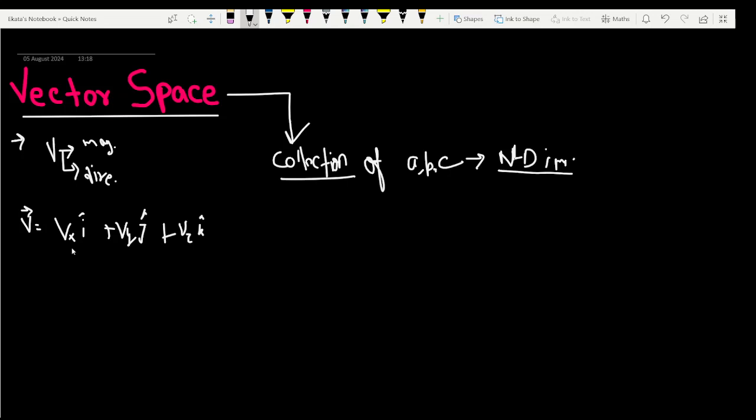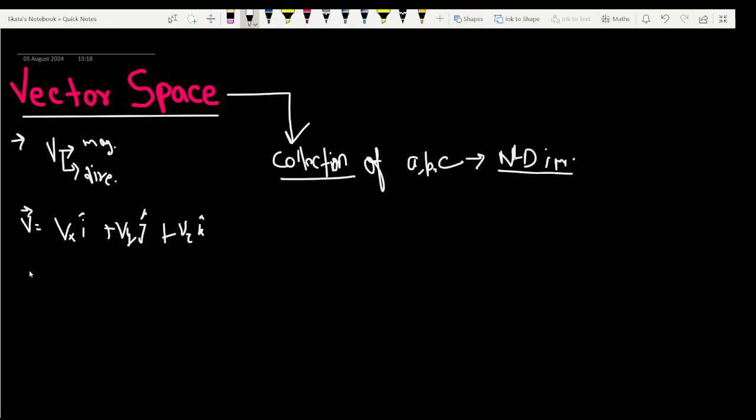But what happens if there is an n-dimensional vector? That's why vector spaces is an advanced topic where we deal with vectors in n dimensions. It means the dimension is not fixed. N can be any number, 1, 2, 3, up to 12 and beyond. So a vector space is a collection of vectors A, B, C, you understand.